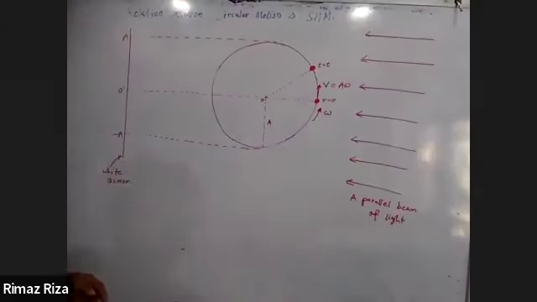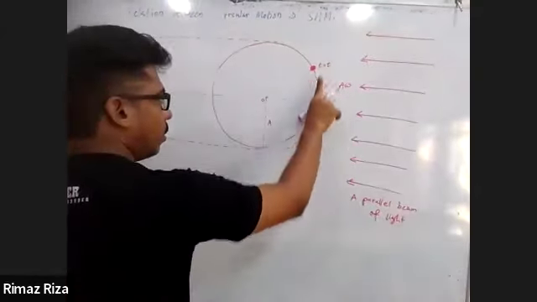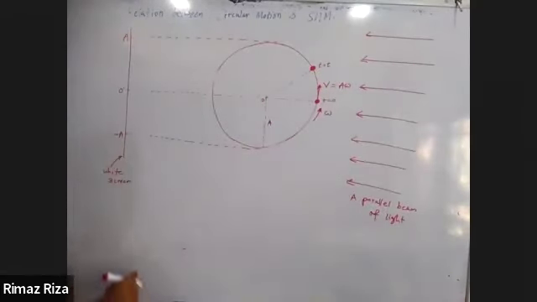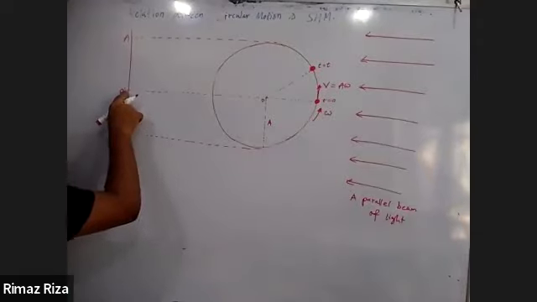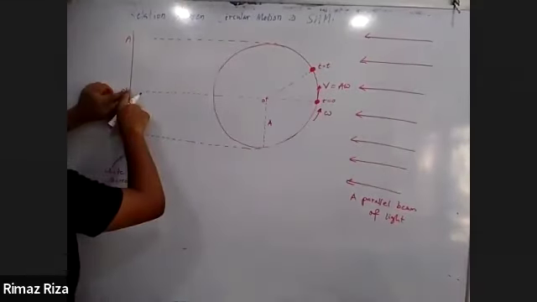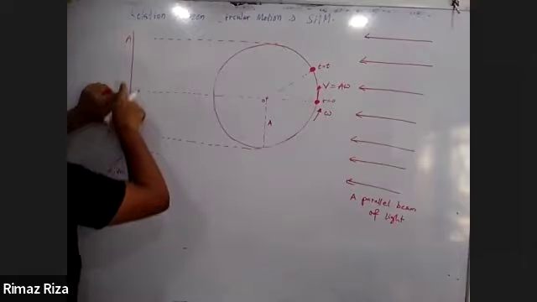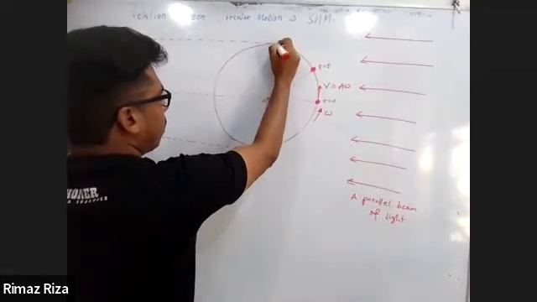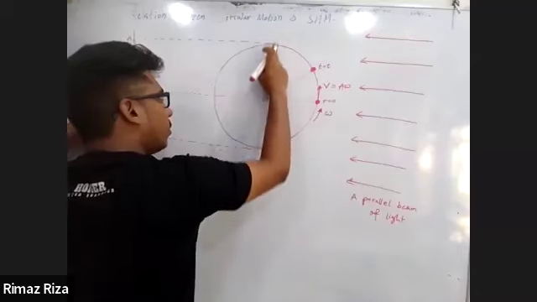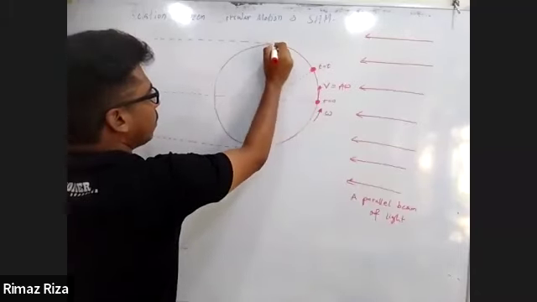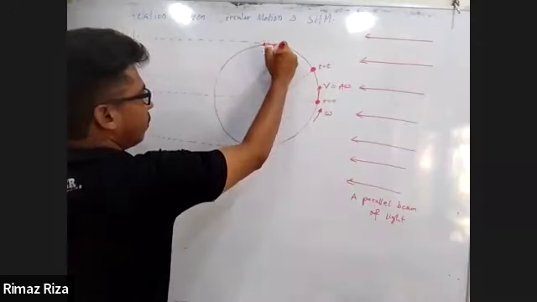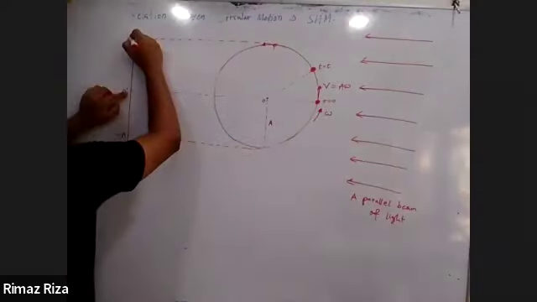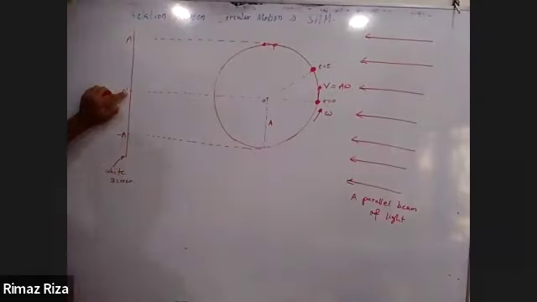So the shadow also has the velocity A omega here. But when the particle comes here, it doesn't have a velocity in this direction, because velocity is completely in this direction v. There is no component in this direction, so here the velocity will be 0.